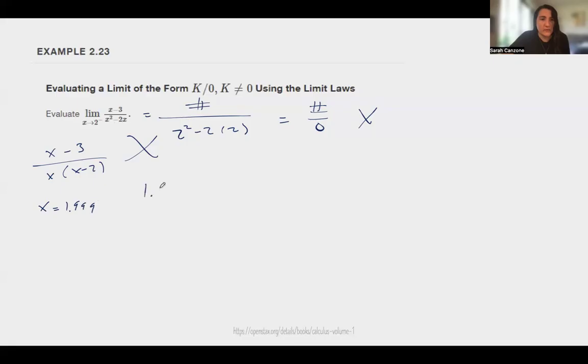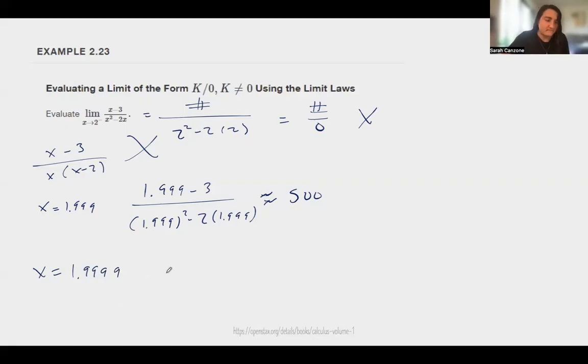We get 1.999 minus 3 over 1.999 squared minus 2 times 1.999, and that is approximately 500. When you see a number that big, you should start to recognize that that probably indicates infinity. But because it's so big, I want to plug in another number to confirm. So let's say x is 1.9999.